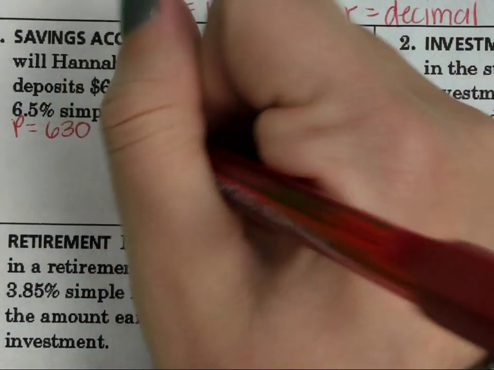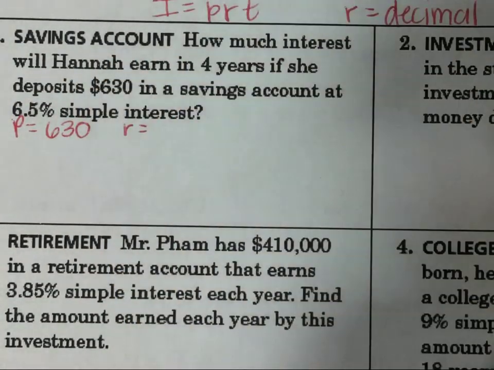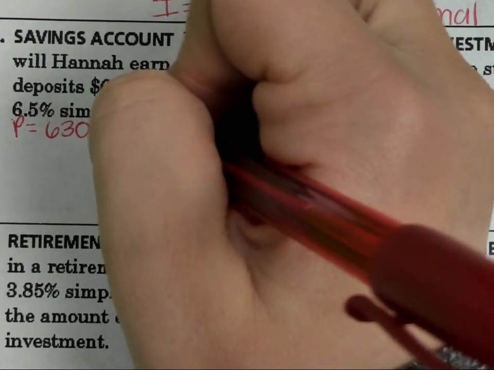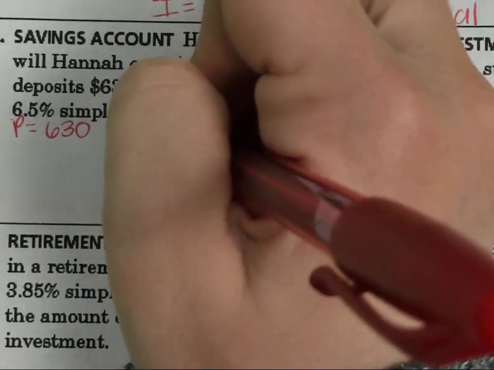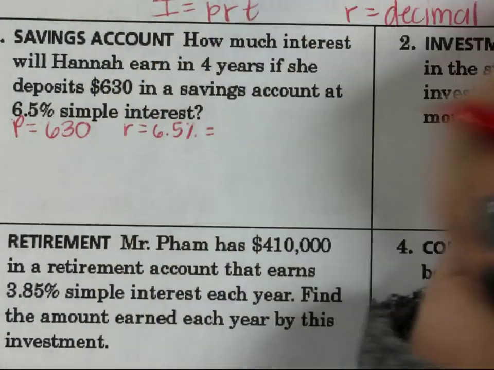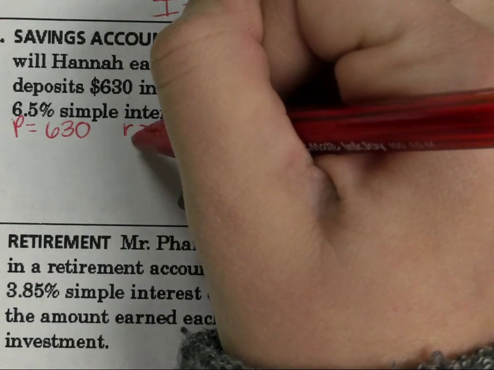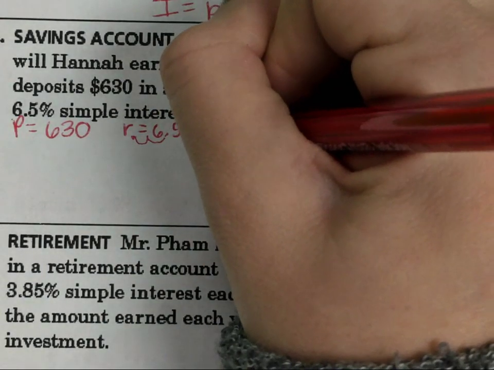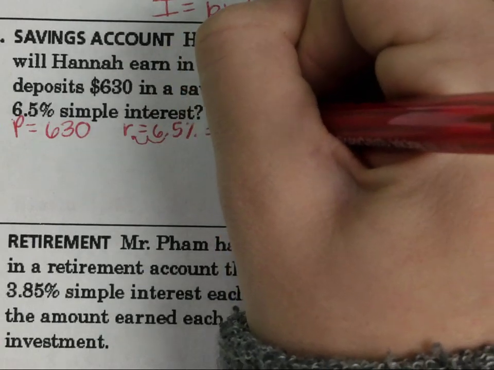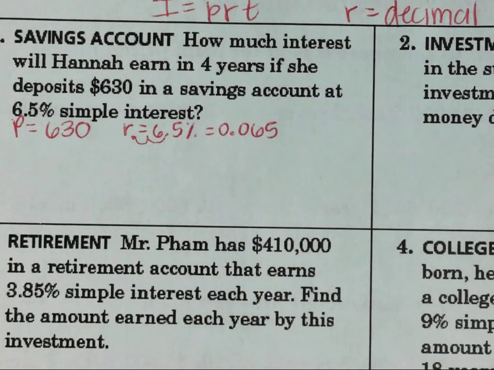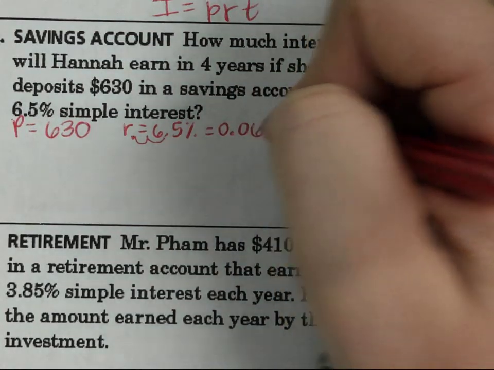What is my R? 6.5%, and then once I convert it, you're moving that decimal place over twice, so 0.065. And then what's my T?